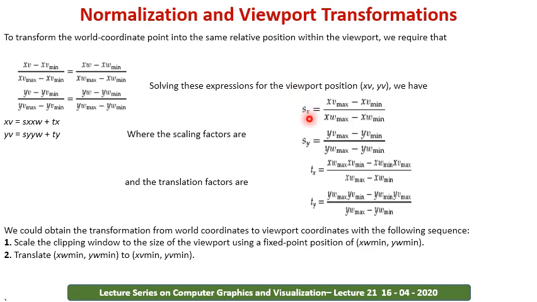So sx is equal to (xv max - xv min) divided by (xw max - xw min). This is related with the viewport and this is related with the world coordinate point.